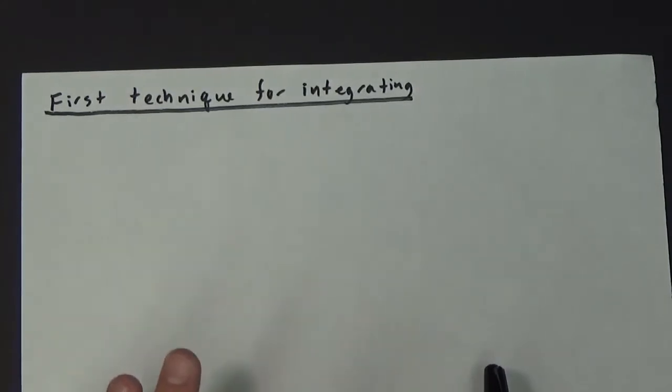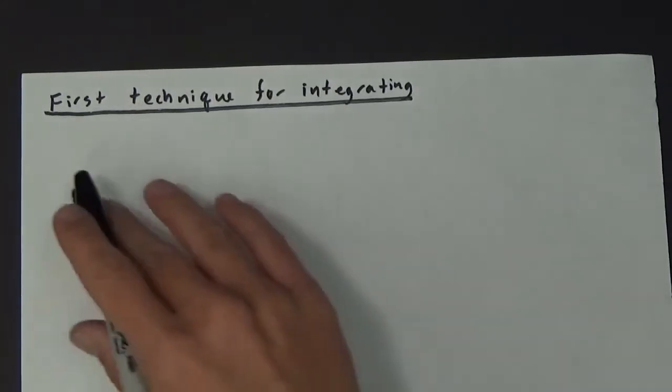So a lot of the rest of this class, we're going to learn how to apply integration, but we also have to spend a lot of time learning how to figure out what is the antiderivative of a function. And so we come up with a bunch of rules that we had in a previous video, but we also come up with a number of techniques for integrating.